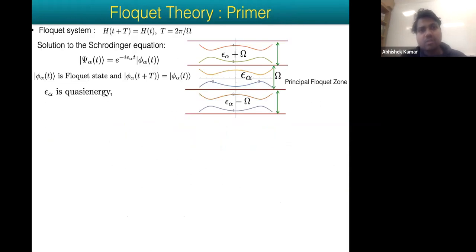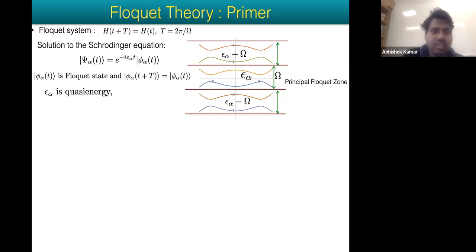Before I talk about the Floquet gauge pump, I will give a brief primer for Floquet theory. In a Floquet system, we have a time-periodic Hamiltonian, and the solution to the Schrodinger equation can be written as a phase factor times a Floquet state, which is periodic in time.